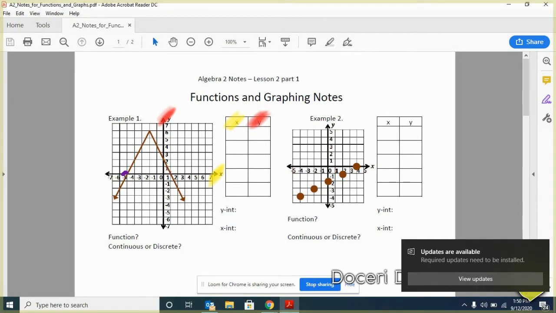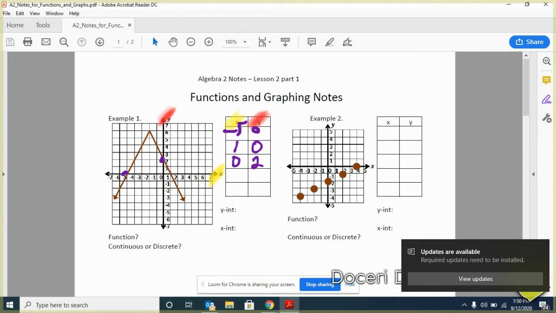Whatever. I'm going to pick the 2 x-intercepts, which is going to be, it looks like, negative 5, 0. And 1, 0. Okay. I'm also going to pick the point here, which looks like it's 0, 2.